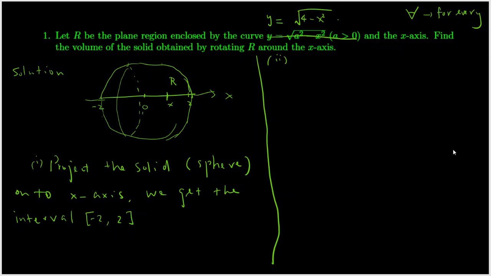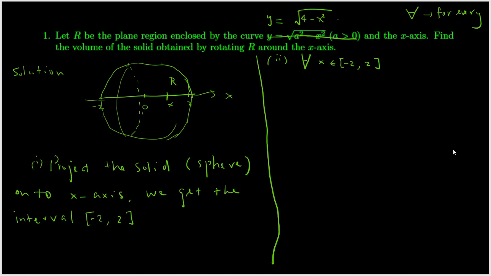No matter where this x is, the following argument is true. The new notation: for every x in the interval from -2 to 2.